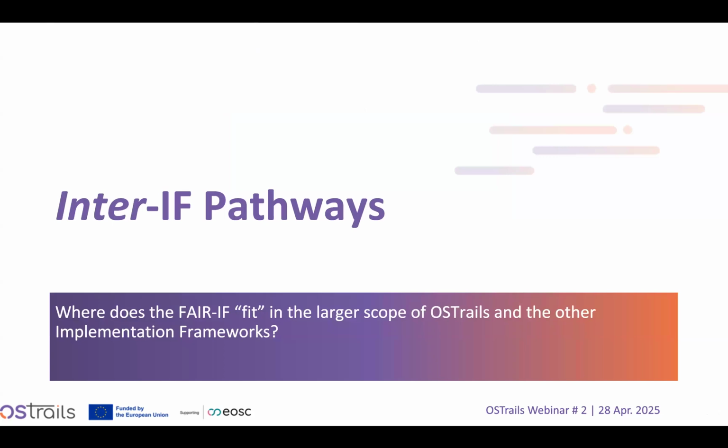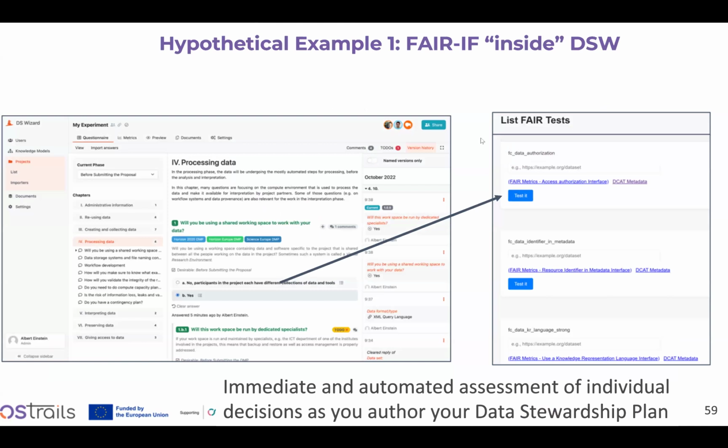Now, this is going to be more interesting to you because this is what you will see. Where does the FAIRIF fit into the larger scope? Right? So, hypothetical example, we haven't done this yet, but this is how we imagine the FAIRIF is going to be used. That FAIRIF is going to be largely hidden. So you should probably never even know you're using it. It'll be inside of, for example, your data stewardship plan authoring tool.